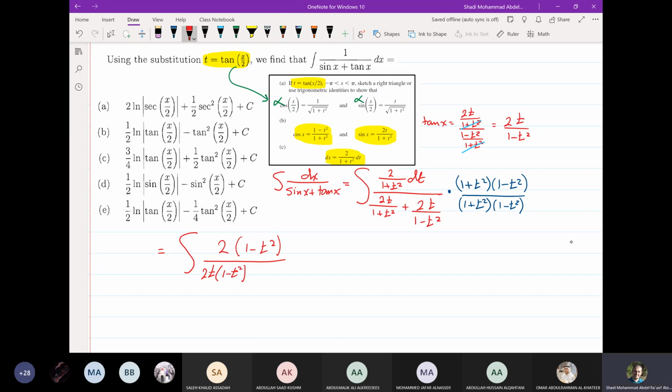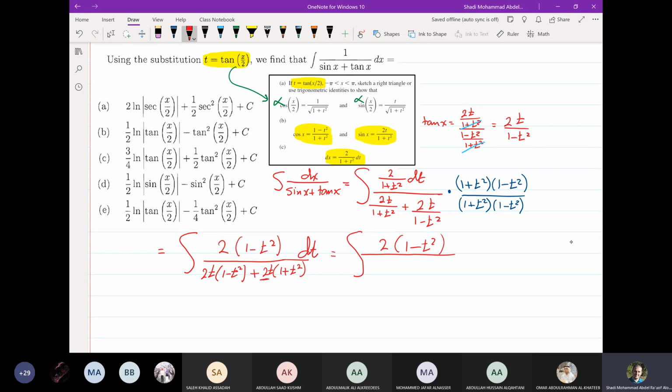Okay, plus 2t times 1 minus t square multiplied by this one, you will get what? 2t times 1 plus t square dt. If you want to simplify it, you will get 2 over 1 minus t square.